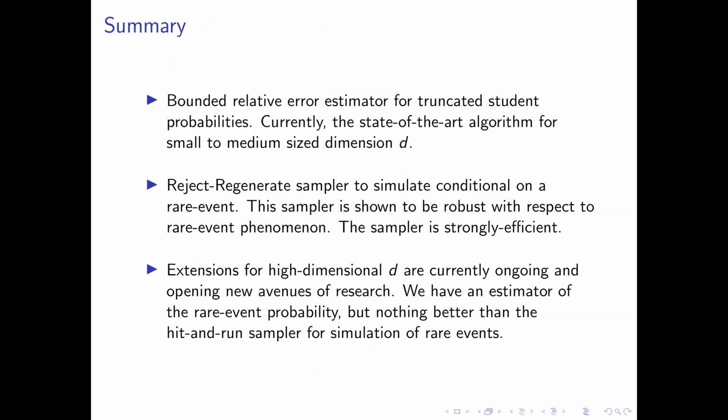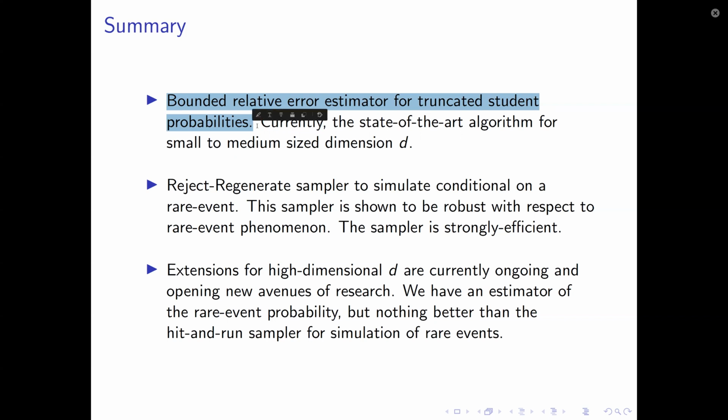I think I'm running out of time, so we'll try to summarize what this work has been all about, and then I hope you have some questions. So what we have is an importance sampling estimator, which is robust to rare event effects. It enjoys the bounded relative error property for rare event estimators.